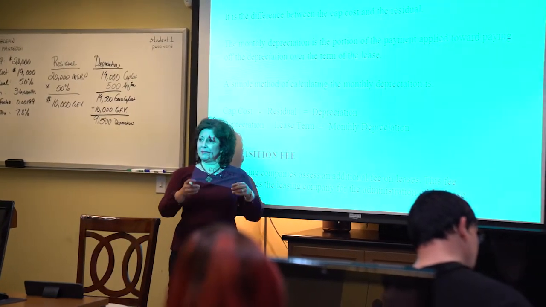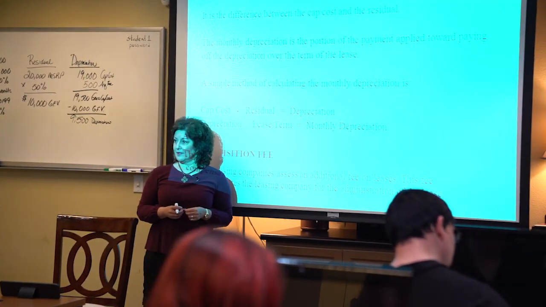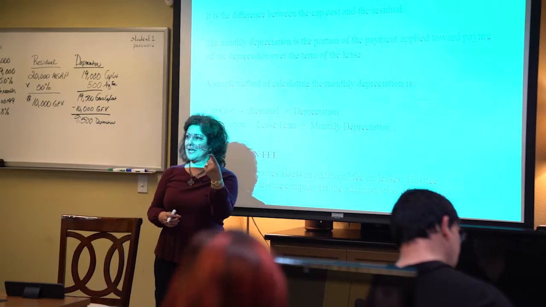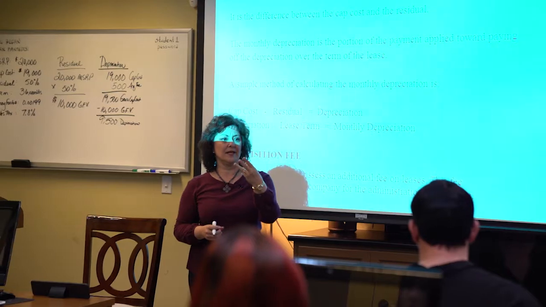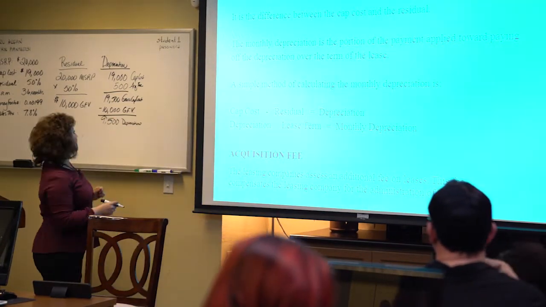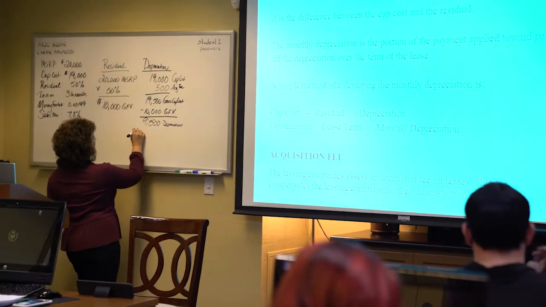And I want to put this in a monthly number because remember the lease payment's made up of 3 parts: monthly depreciation, rent charge, and then sales tax. So I'll divide this number by the term. This lease is for 36 months.